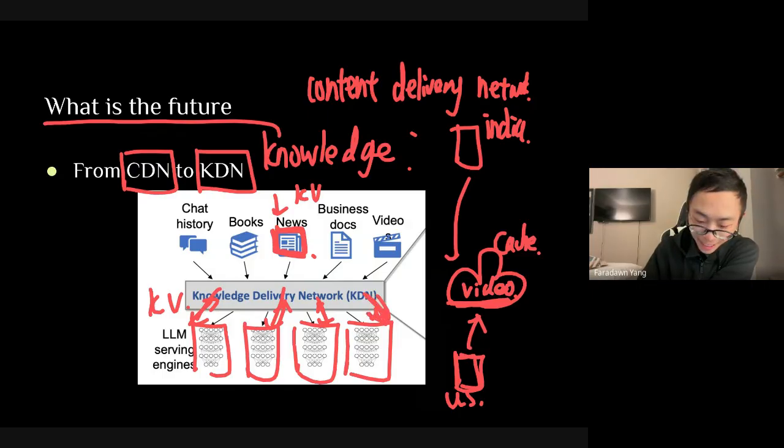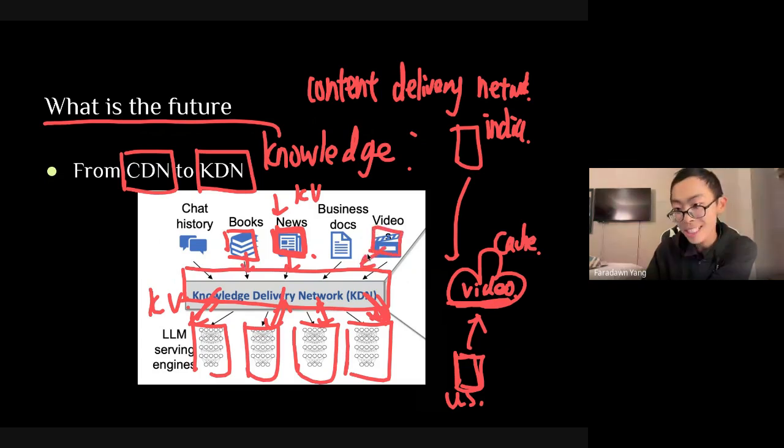How to do that? We will create a content delivery network, where all the information, books, and videos will only be computed once and stored in the cloud.